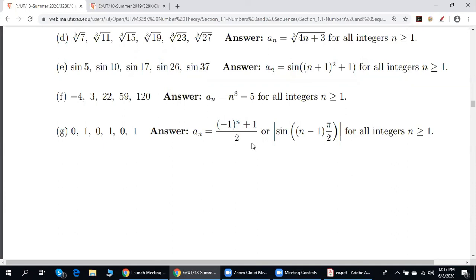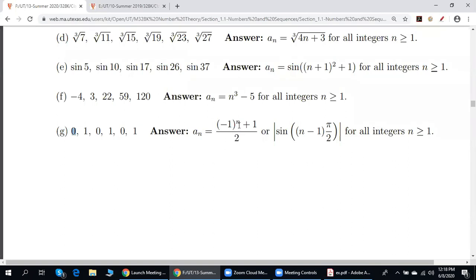What do we do? If we add 1, once again, forget the fraction for a moment. Take a look at the top only. If we add 1 to -1 to the nth power, we will get the following sequence. If n is equal to 1, it's 0. Same as here.